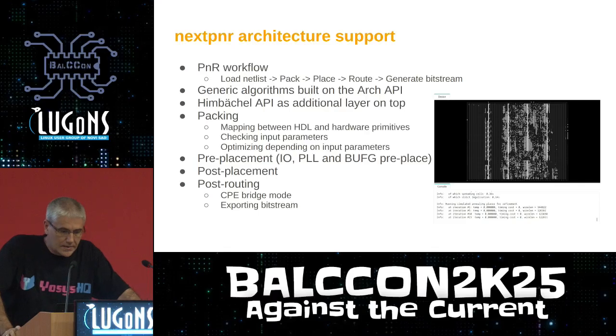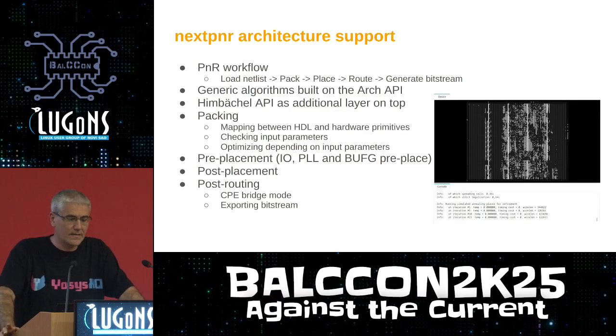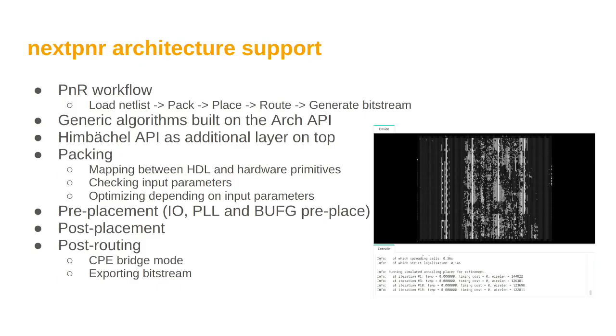So to build XPNR support, you need to understand that the PNR workflow consists of loading a netlist, packing those primitives, placing them, routing, and then, at the end, generating a bitstream.